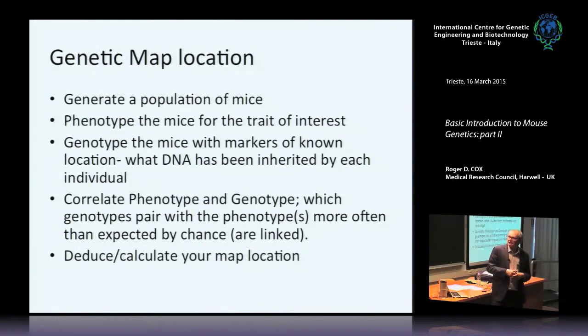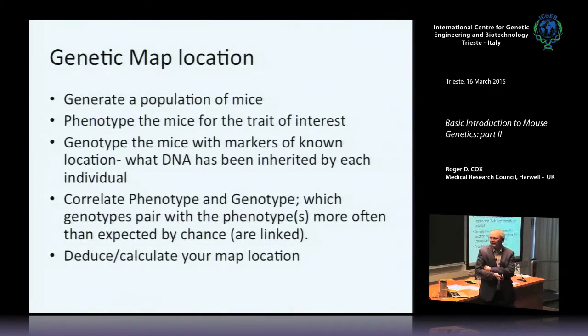So you make DNA from those mice, you genotype that DNA, and then you can ask the question: which bits of DNA have been inherited with the phenotype that you're measuring? So you correlate genotype and phenotype, and ask which genotype pairs with the phenotype more often than expected by chance.